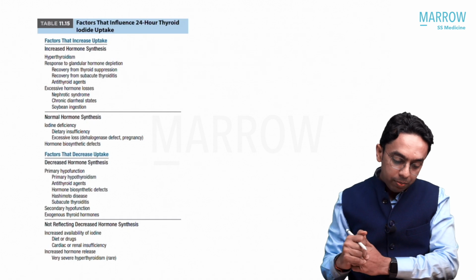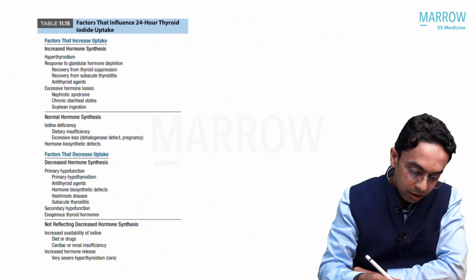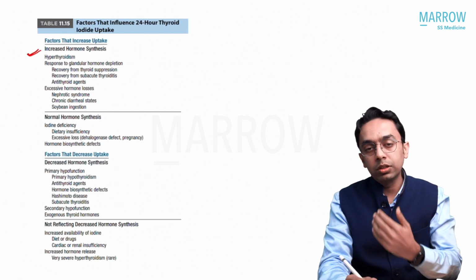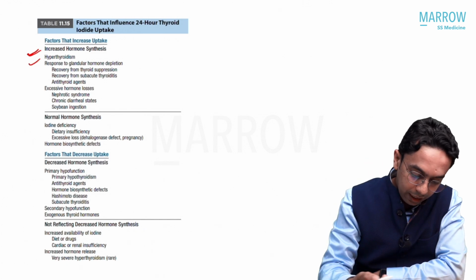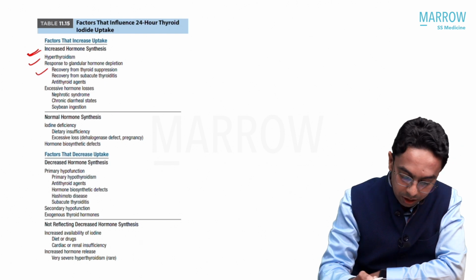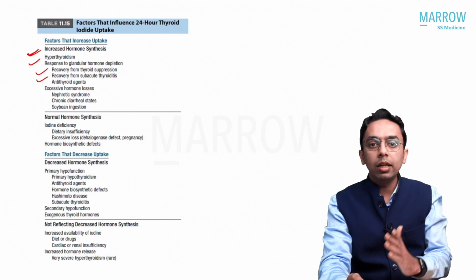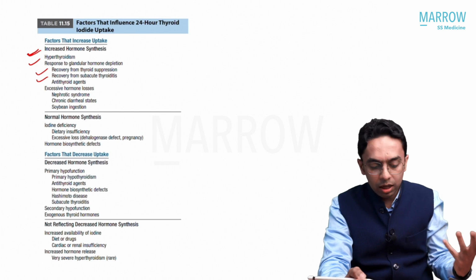So this is the thyroid uptake chart from Williams' latest edition. Wherever there is increased hormone synthesis, you will get an increased uptake. So hyperthyroidism, Graves, you will get that. And recovery after suppression, obviously you will get recovery from thyroiditis. Acute phase of thyroiditis will have decreased uptake, but in the recovery phase, they will have a higher uptake.